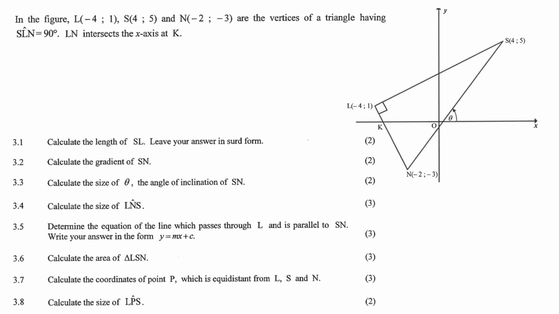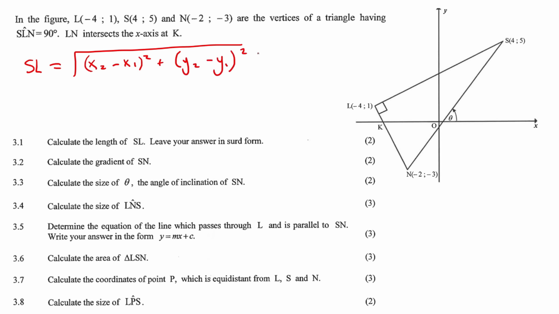In the figure, L, S, and N are the vertices of a triangle. First question, calculate the length of SL. Okay, so that's just going to be distance formula, which is x2 take away x1 plus y2 take away y1. So let's maybe say this is point 1, this is point 2.